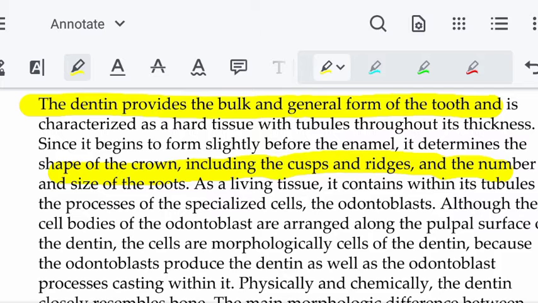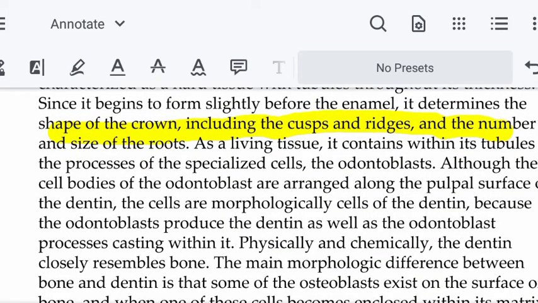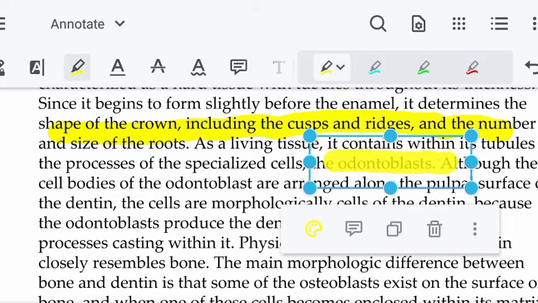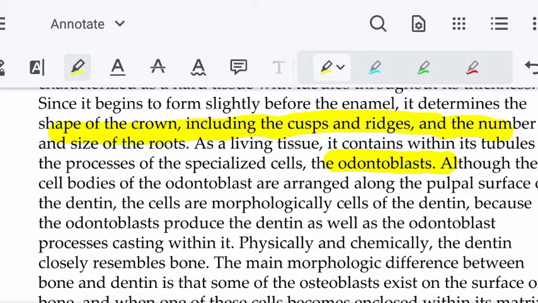Here, dentine contains 65% organic and 35% inorganic compounds. As a living tissue, it contains within its tubules the processes of specialized cells, the odontoblasts. So, odontoblasts are present in dentine.